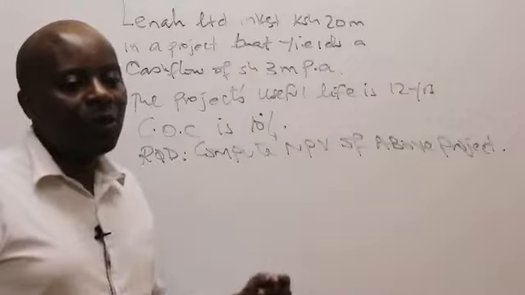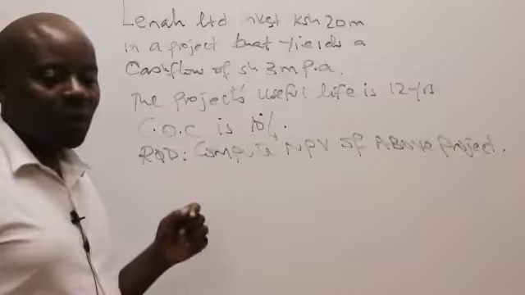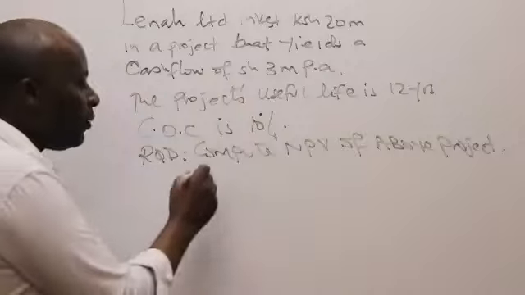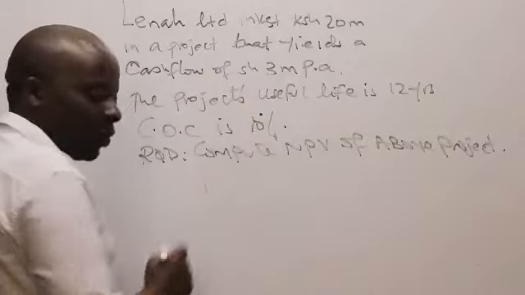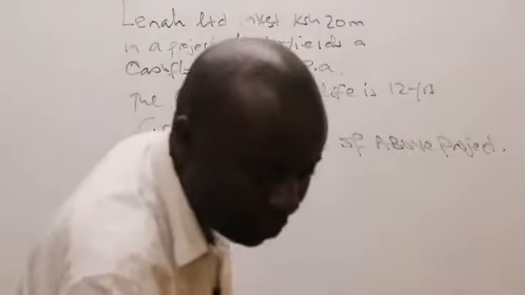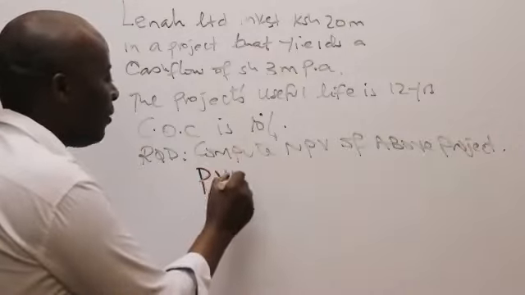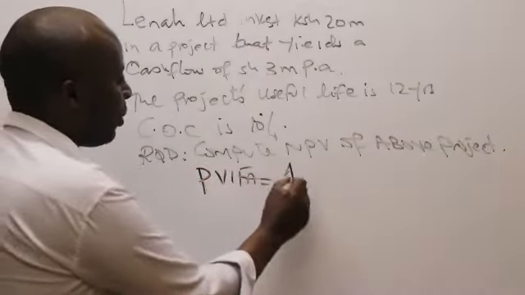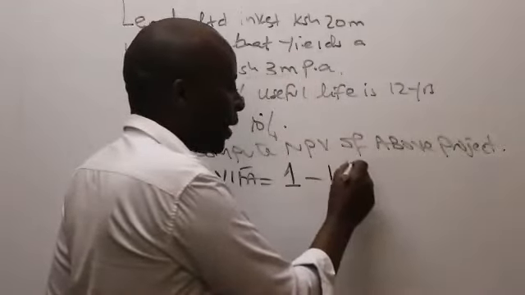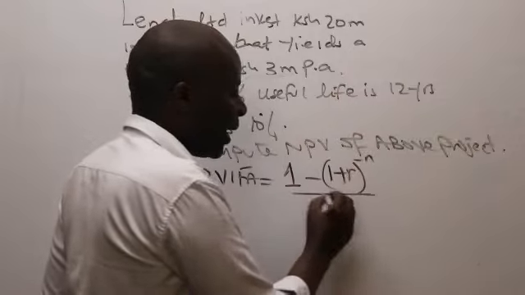And if it is a uniform cash flow, then for discounting purposes, I'll use PVFA. And PVFA, if I remember very well what Lucy gave me, is supposed to be equal to 1 minus the shorter formula, which is (1 plus R) raised to negative n, and then everything divided by R.